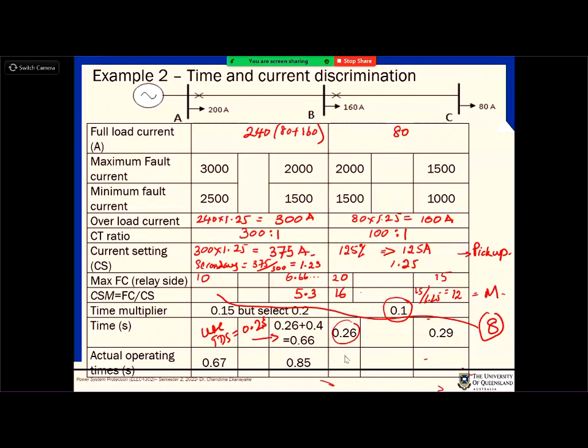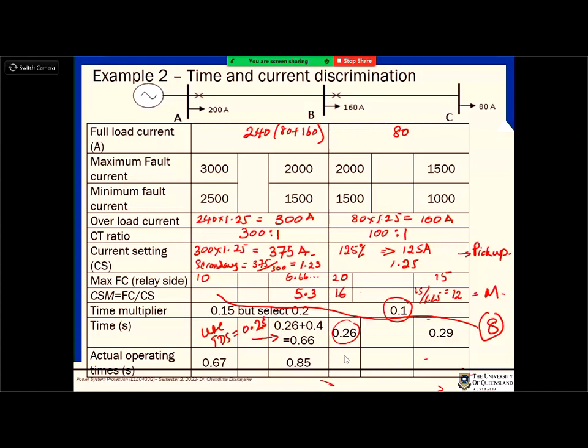Then you can see the coordination between these two relays: relay B operates at 0.26 for a fault at B, and relay A will operate at 0.85, so there is a good grading margin, and relay A will not operate unnecessarily for that fault.